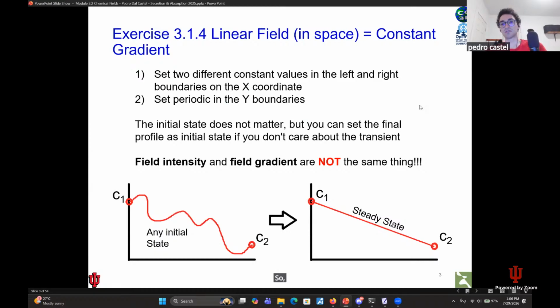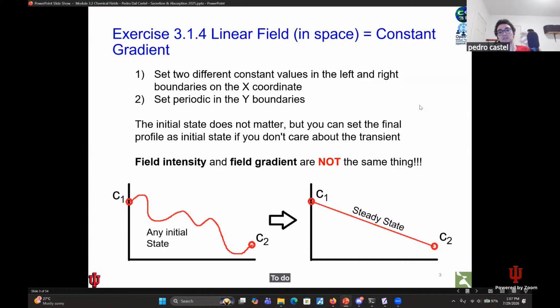So to continue from our previous lecture, another very useful exercise, which shows up very often, for example in chemotaxis and other exercises, is how to set up a linear field. Go ahead and start from the simulation you stopped with in the last lecture, where you had a droplet, and change the initial field configuration to a linear field or constant gradient.